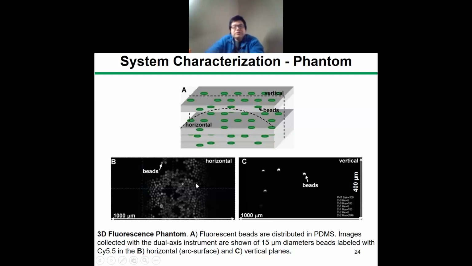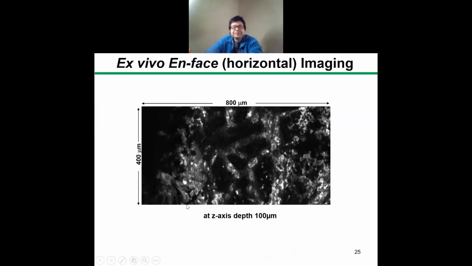So first, with the system developed, you have to characterize it using a phantom. For example, we developed fluorescent beads mixed with agarose or PDMS, and then you can show the vertical and horizontal resolution using the beads to characterize the resolution and the field of view.